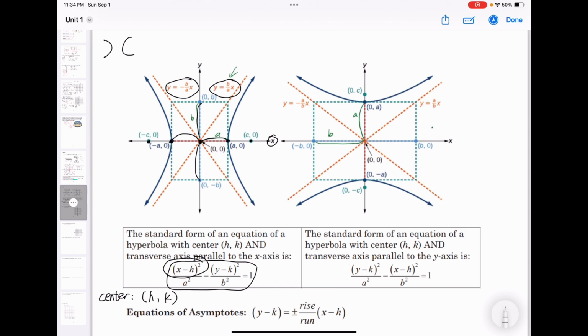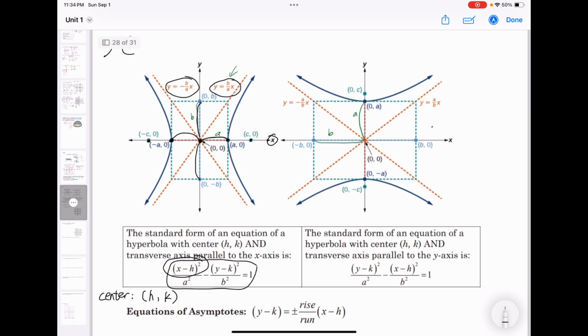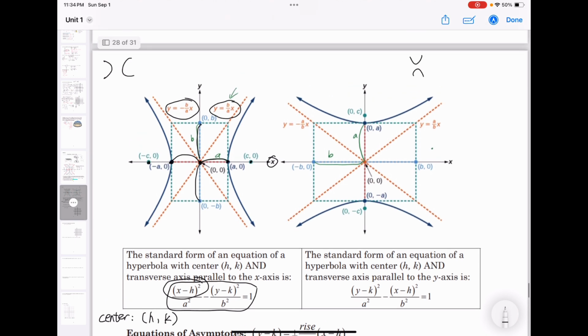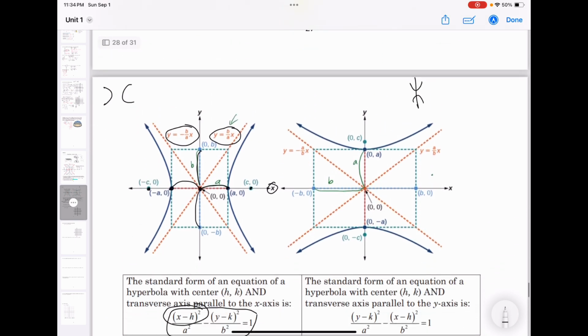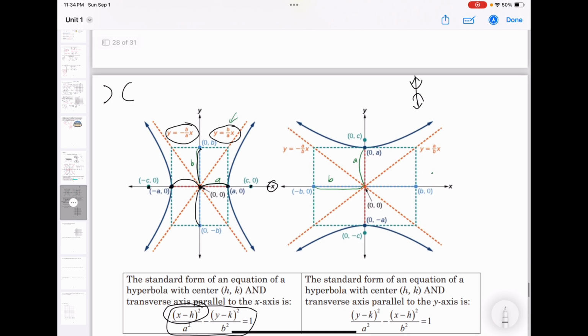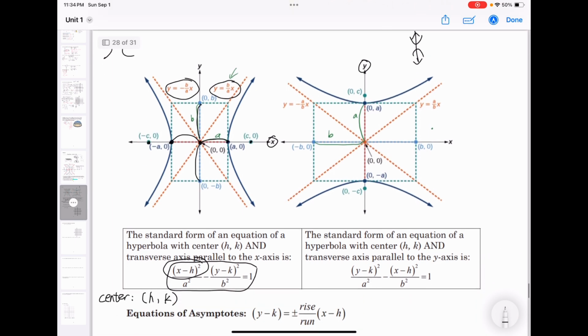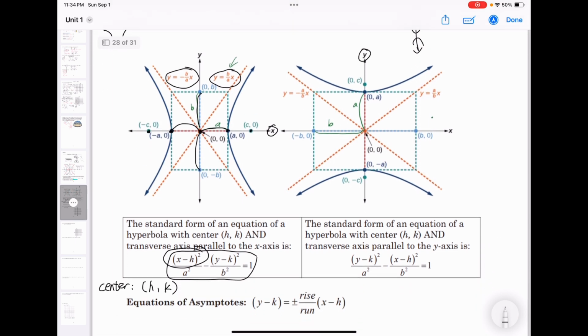Another graph, we see our hyperbola opens up and down. So for this one, the transverse axis, the axis that goes through our hyperbola, is the y-axis. That means my transverse axis is parallel to the y-axis.